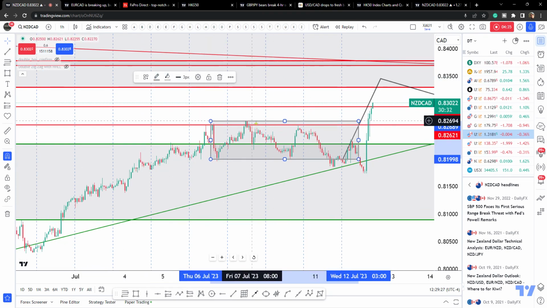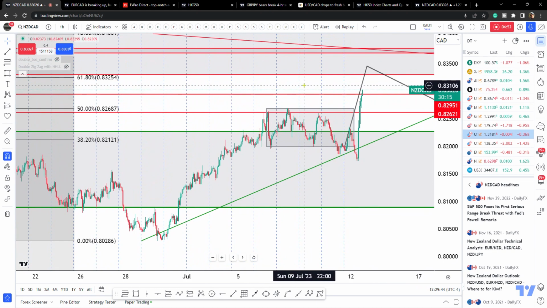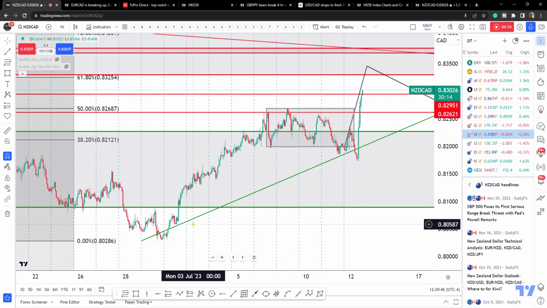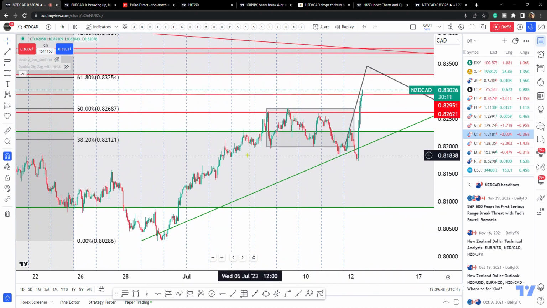So we were sideways for a time. We faked out to the downside, pulled back inside, faked out again, and moved up. Given that we've attempted on two occasions to break the downside and failed, there is an anticipation, therefore, that the market doesn't want to come lower; it wants to go up.